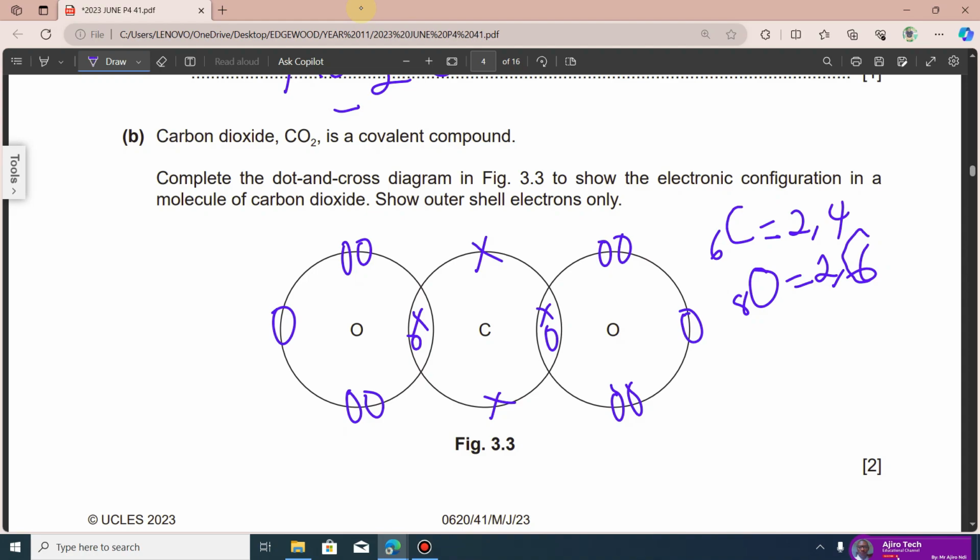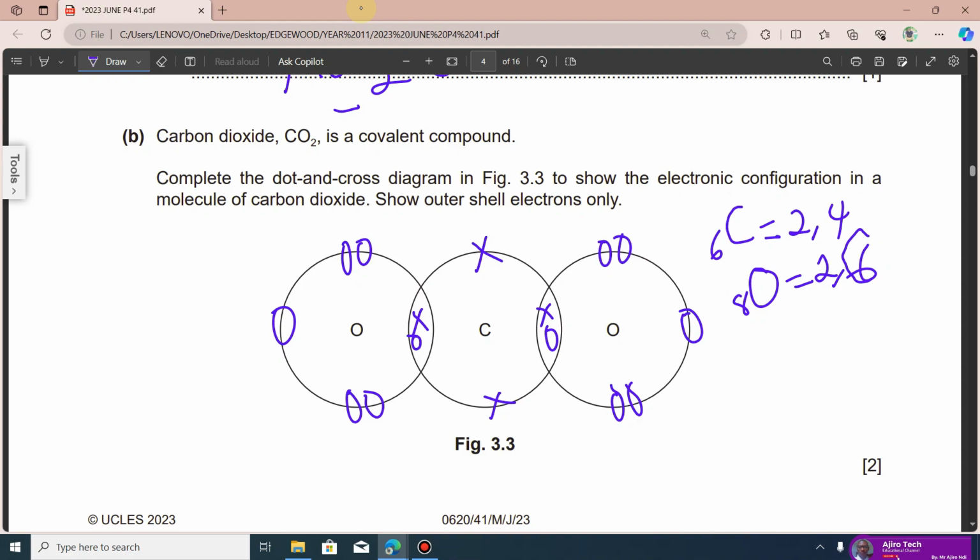But if you draw it like this, then you are wrong, because this is not covalent bonding. Covalent bonding deals with the sharing of electrons, where both atoms involved contribute equally to the bond. So we need to restructure this.